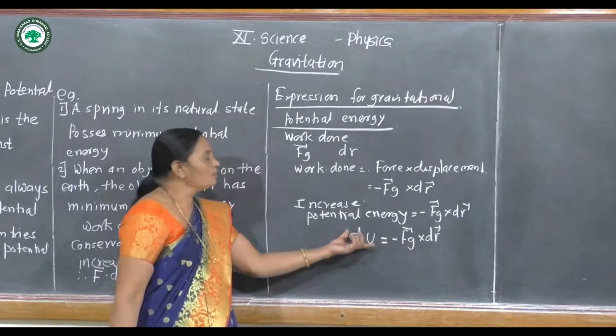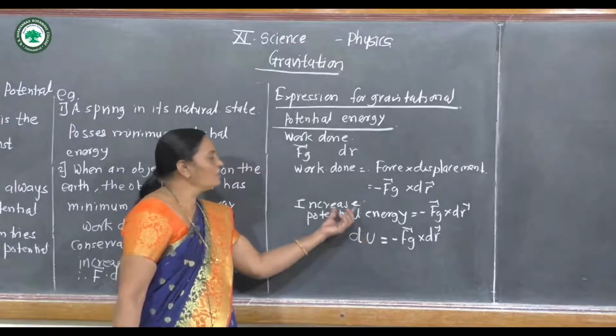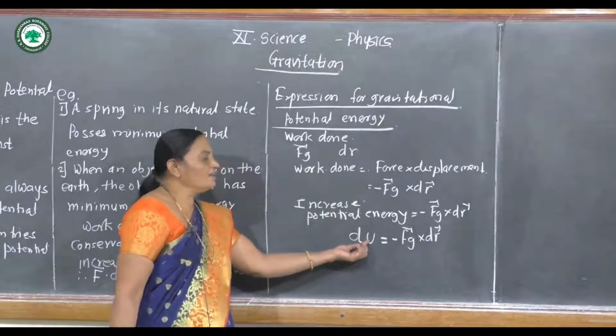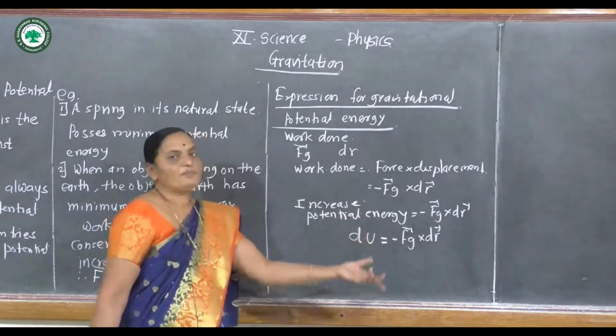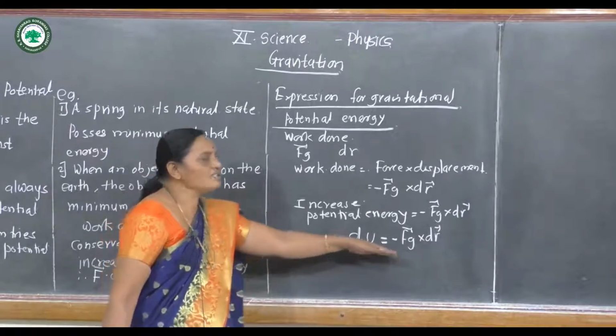We find the total potential energy, that is U, and it can be obtained by integrating this equation.